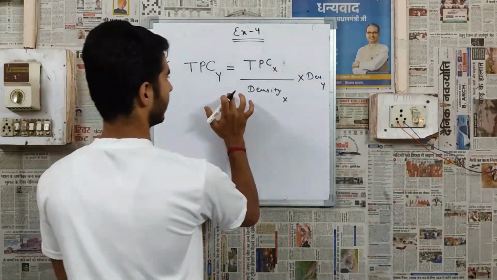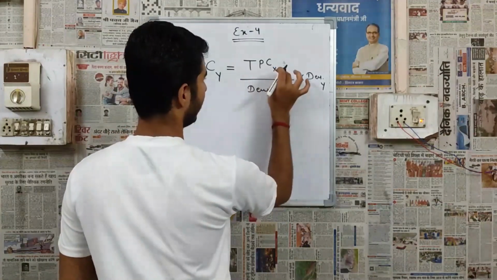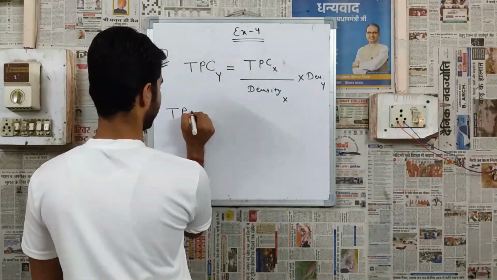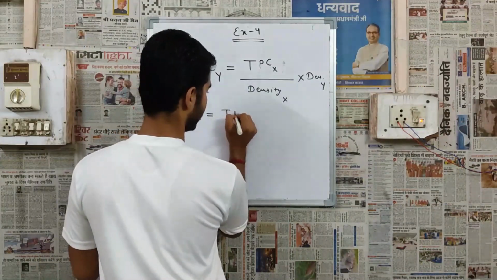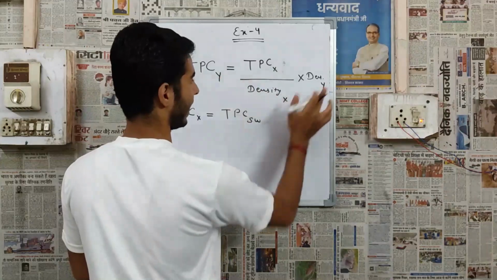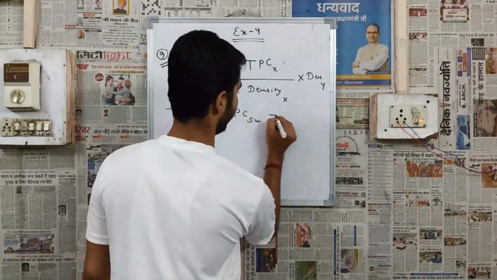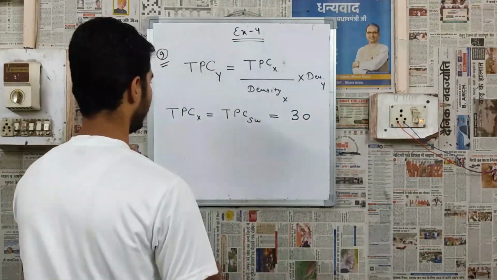We can use this formula in this question. First of all, we have to consider the TPC of X, and TPC X is equal to TPC of salt water. These X and Y are the waters. TPC X is equal to TPC salt water, which is 30, and that is given.